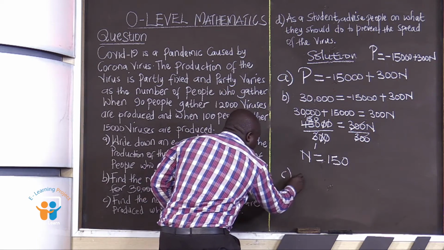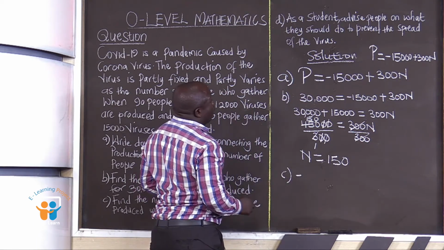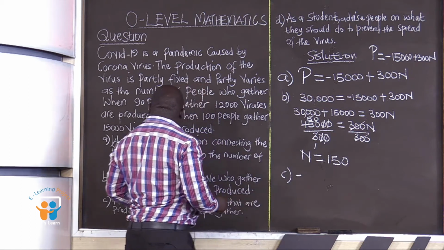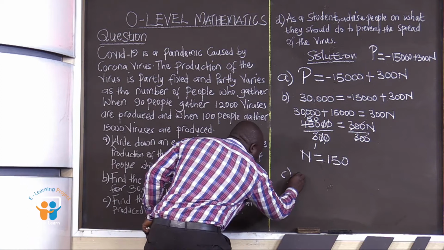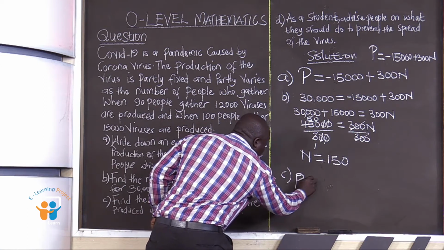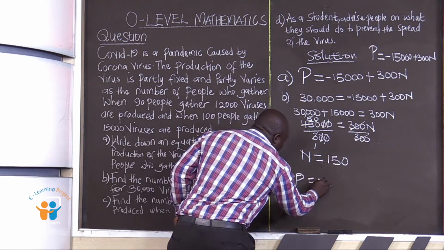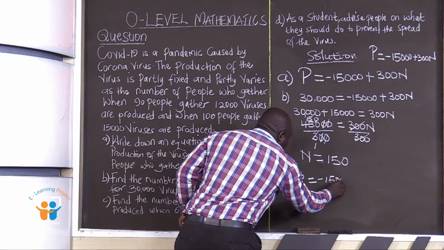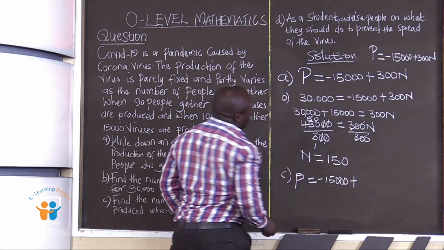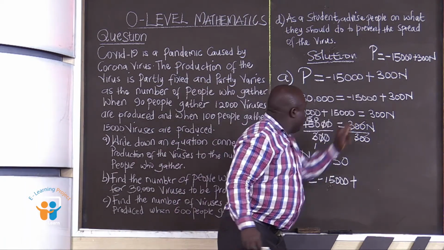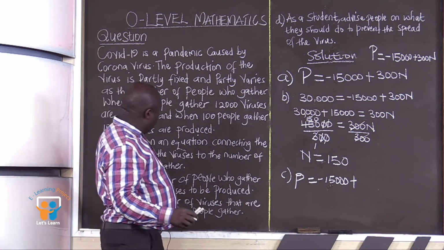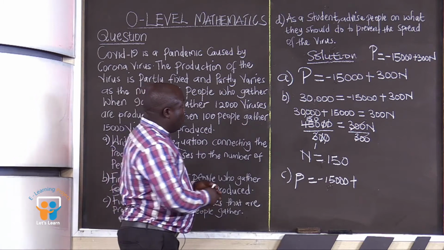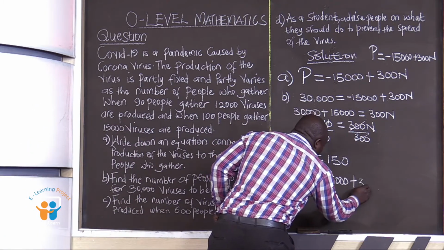We are looking for P, the viruses, equaling negative 15,000 plus 300 times n. When 600 people gather, we substitute n with 600.